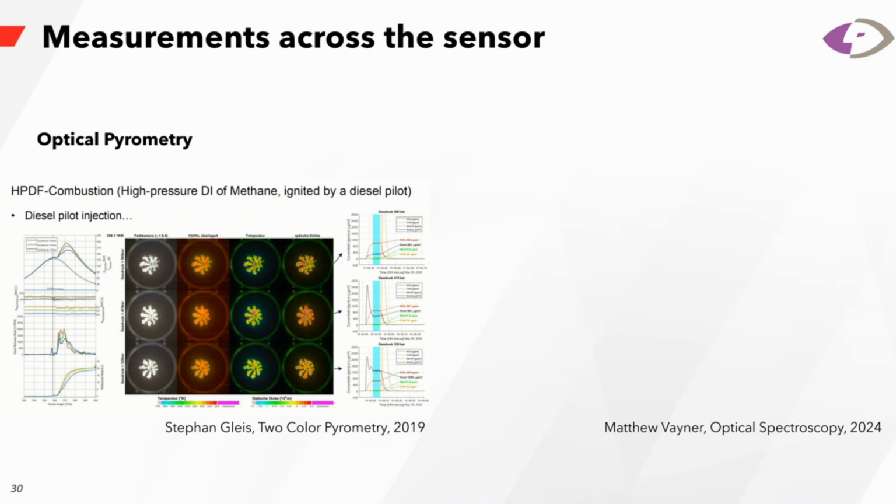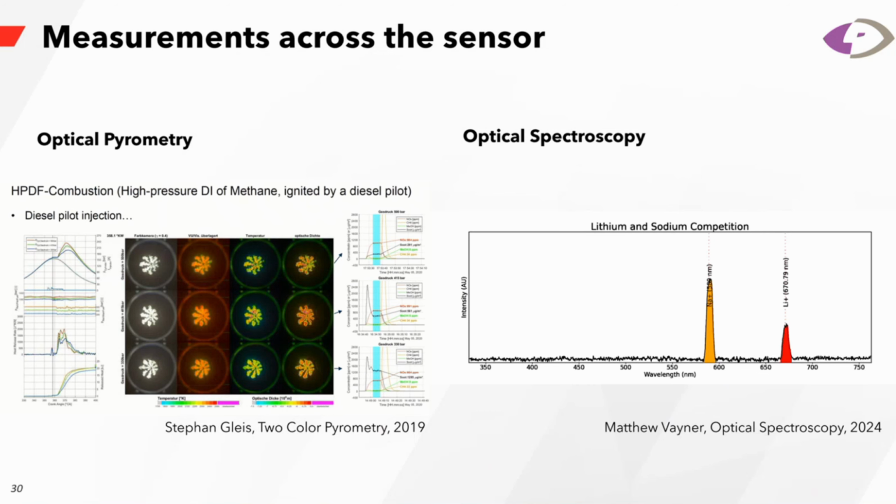This utilizes the entire sensor to investigate the wavelengths being emitted from a given test. So here we have a lithium and sodium emission upon combustion. And you can see that over time, we have these peaks of sodium and lithium increasing and decreasing. And the sensor non-uniformity or uniformity will have a big role in the accuracy of this measurement.